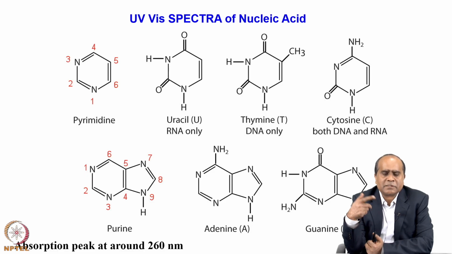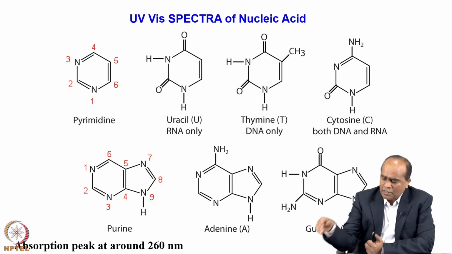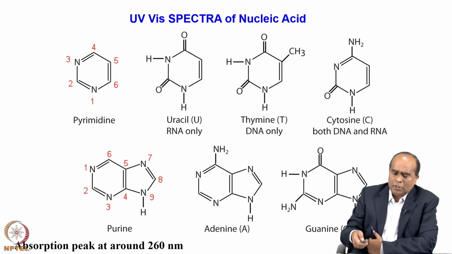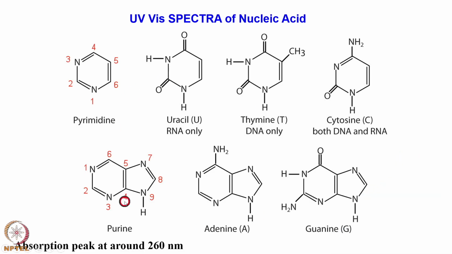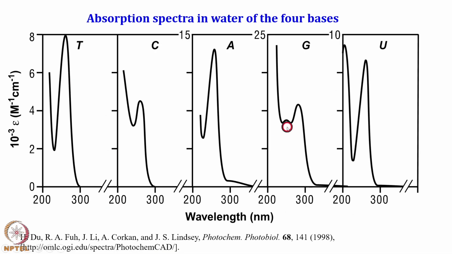We are going to discuss this concept in coming lectures, but that is the reason why you use the 260 and 280 ratio, because 260 absorption happens due to the bases present in nucleic acid, and at 280 the amino acids absorb. If you look at the 4 bases in water, the 4 bases that are present in DNA, A, T, G, C and also U, uracil, you look at their molar extinction coefficients.